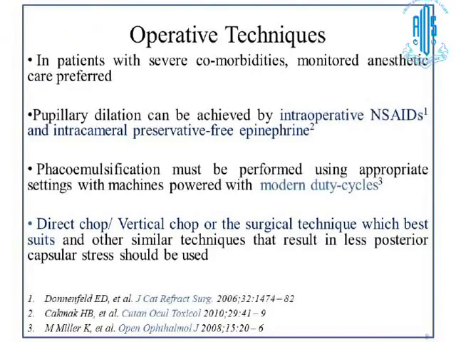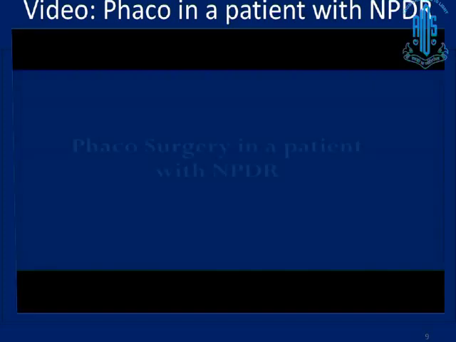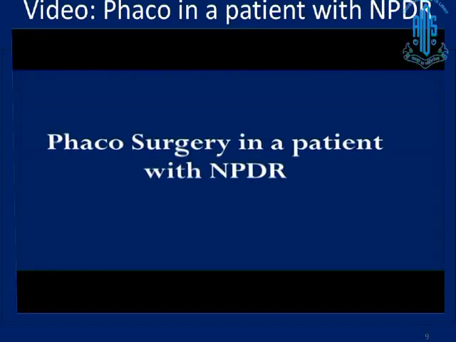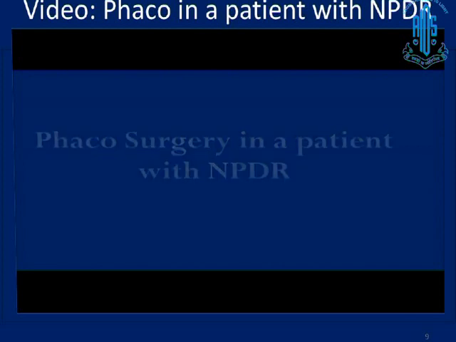Operative techniques include meticulous surgery, whether it is a phaco chop or a stop and chop technique. And this is one of the small videos of phaco surgery in a patient with non-proliferative diabetic retinopathy.